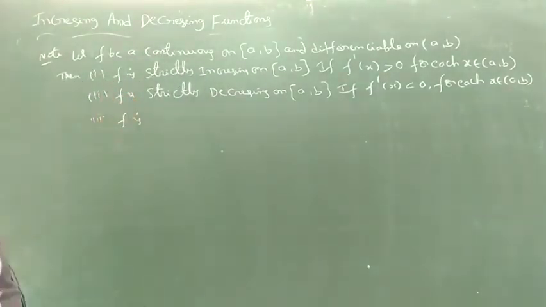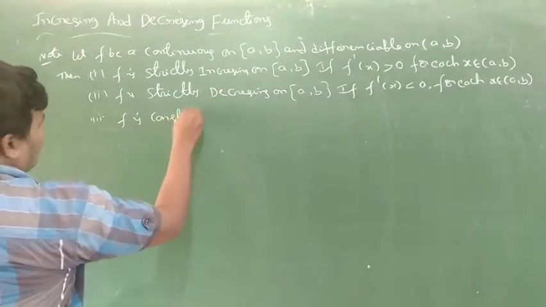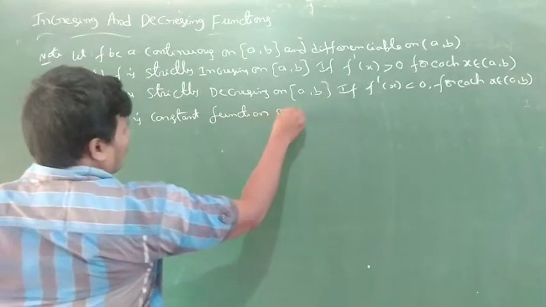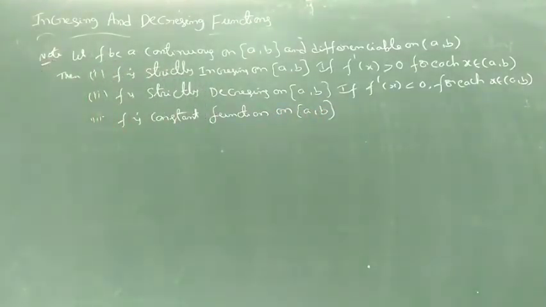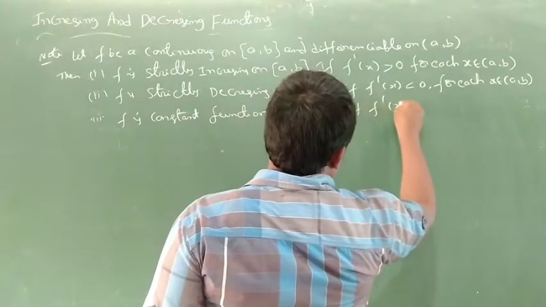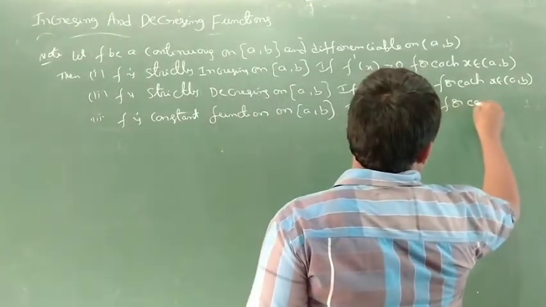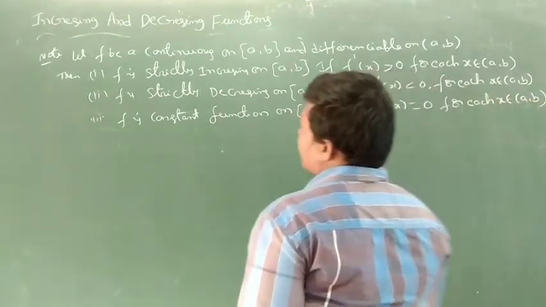Third, f is a constant function on the closed interval a comma b if the derivative is 0, since the derivative of a constant is 0, for each x belonging to the open interval a comma b.